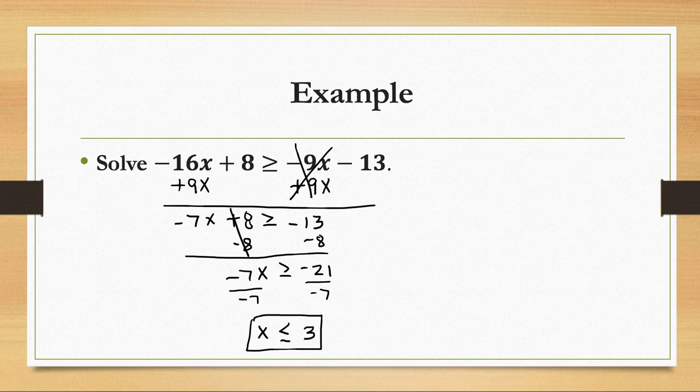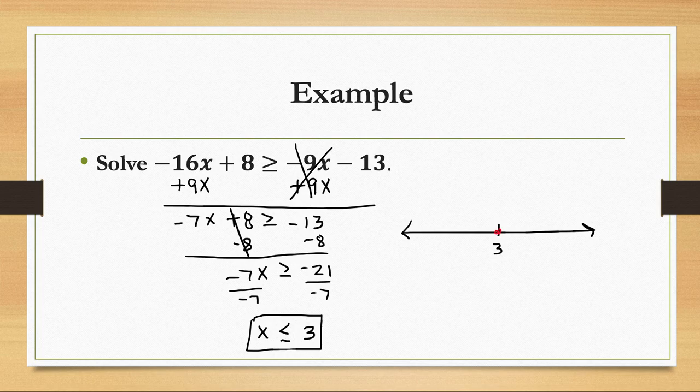Now when we express our final answer, we also want to put our answer on a number line. So we said on the number line, you're either going to use a solid circle or an open circle on the 3. Because we have less than or equal to, that means that the 3 is included as part of the answer set.